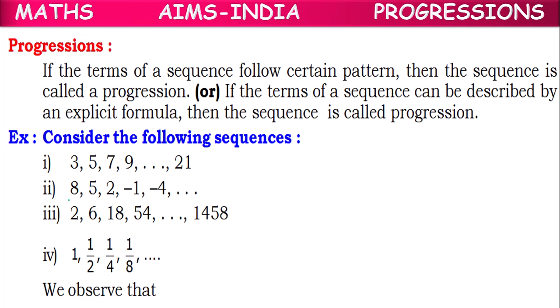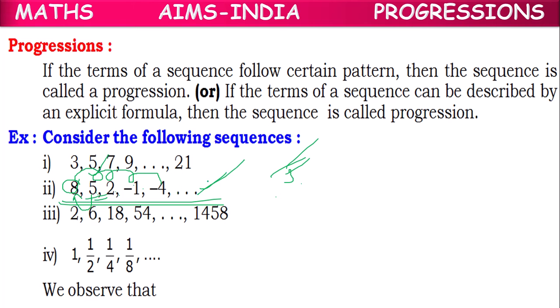The second one, 8, 5, 2, minus 1, minus 4. Here, 8, 5, difference is 3. 5, 2, difference is 3. 2, minus 1, difference is 3. Minus 1, minus 4, difference is 3. Means each element except the first term is obtained by subtracting 3 from its previous number.